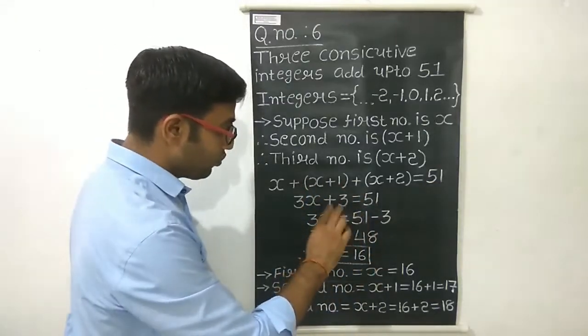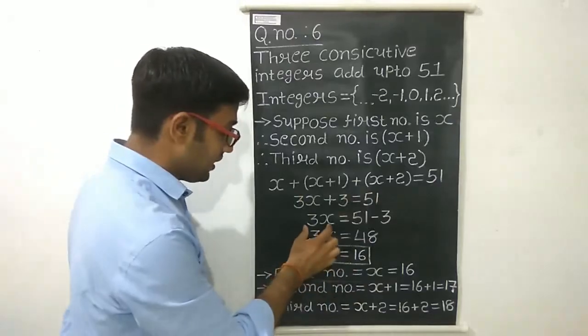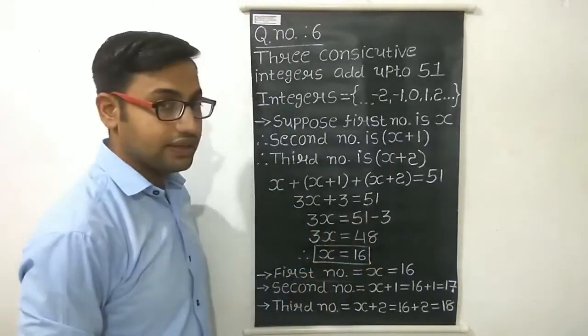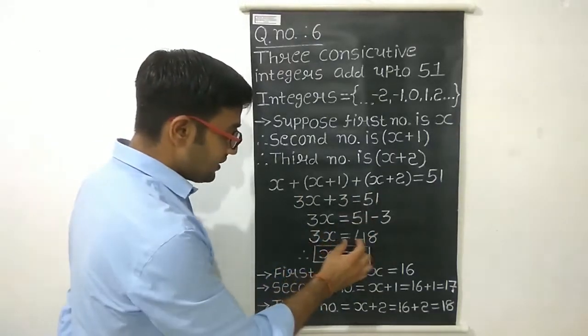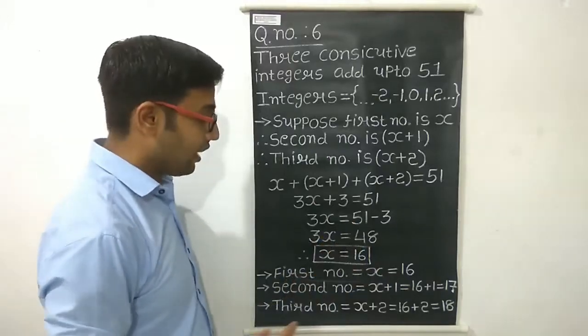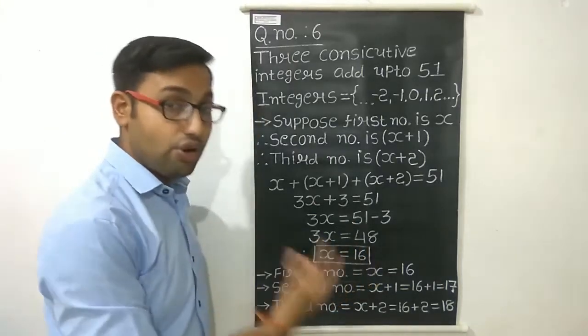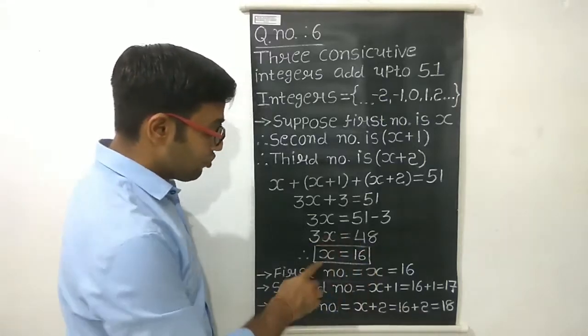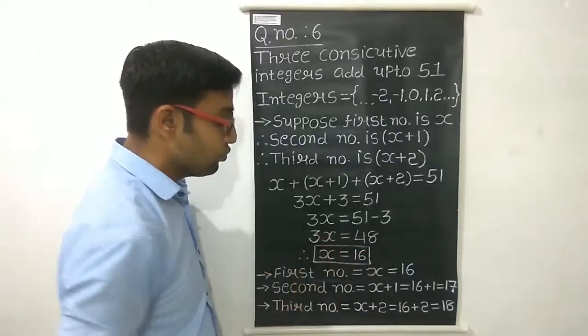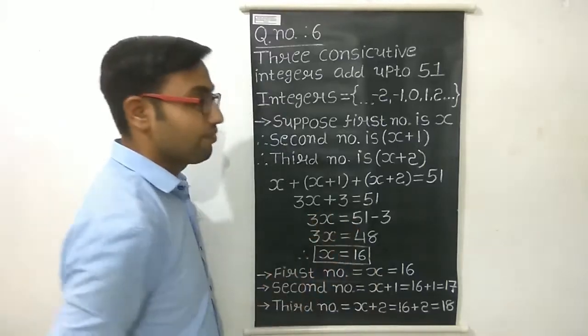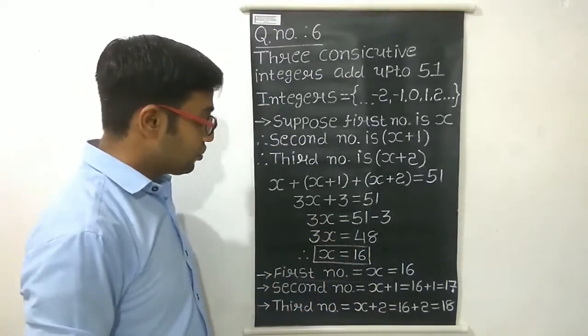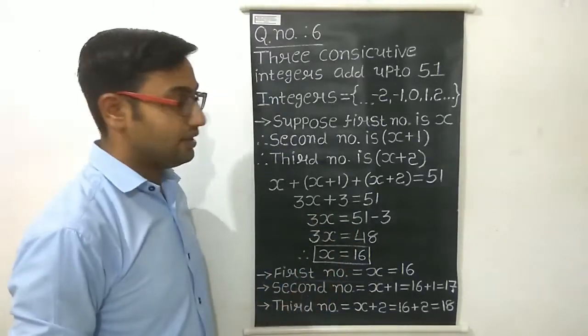Now take this 3 to the right hand side. We will get 3x equals 51 minus 3. So 3x equals 48. Now again this 3 goes to the right hand side, in the denominator of 48. So we will get the value of x equals 16, because 16 threes are 48. So we get the value of x, right?